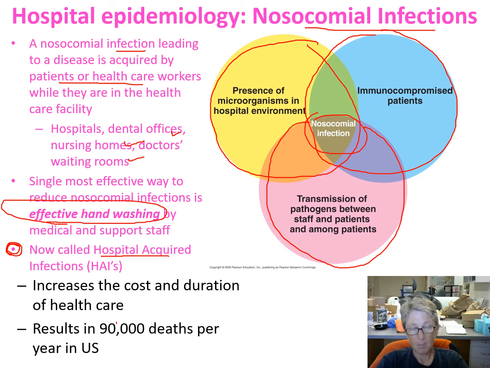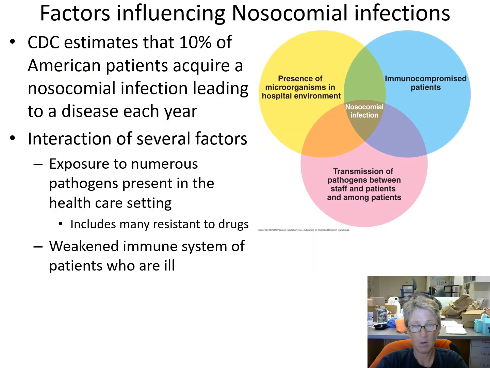I'm not sure when this book was written, but hospital-acquired infections result in 90,000 deaths per year in the United States. The CDC estimates 10% of American patients acquire a nosocomial infection leading to a disease each year. Because remember, you may get infected, but it doesn't always lead to a disease. So this is an infection leading to a disease.